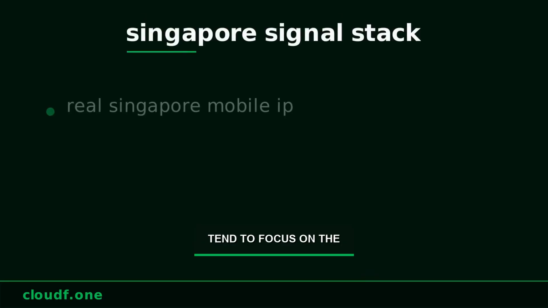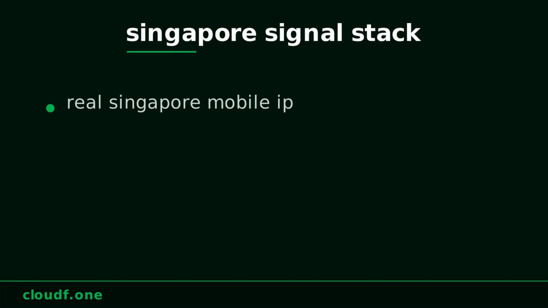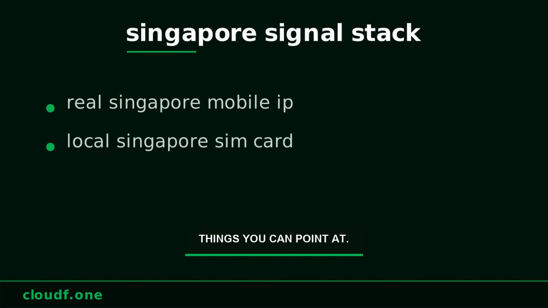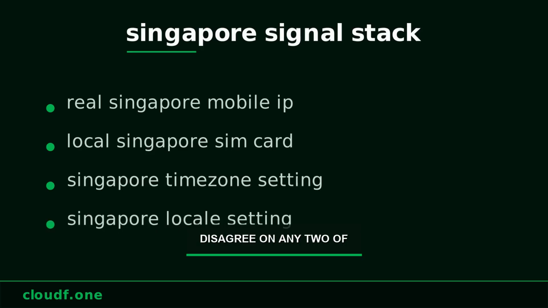People tend to focus on the device check because it has clean technical hooks, attestation, root detections, sensor data, things you can point at. The location check gets less attention, but it's just as strict. Banking apps compare IP geolocation against GPS coordinates, against the SIM's home network, against the phone system locale and time zones. Disagree on any two of those, and you get flagged no matter how clean the attestation looks.